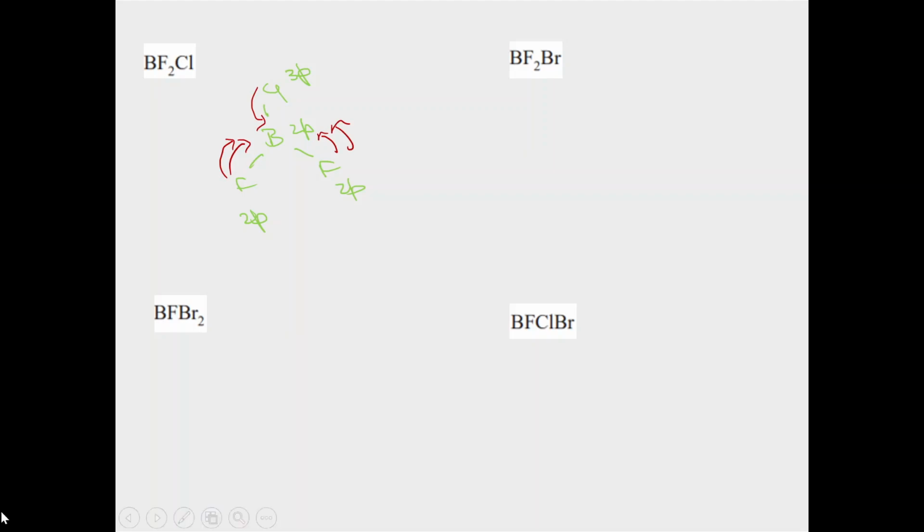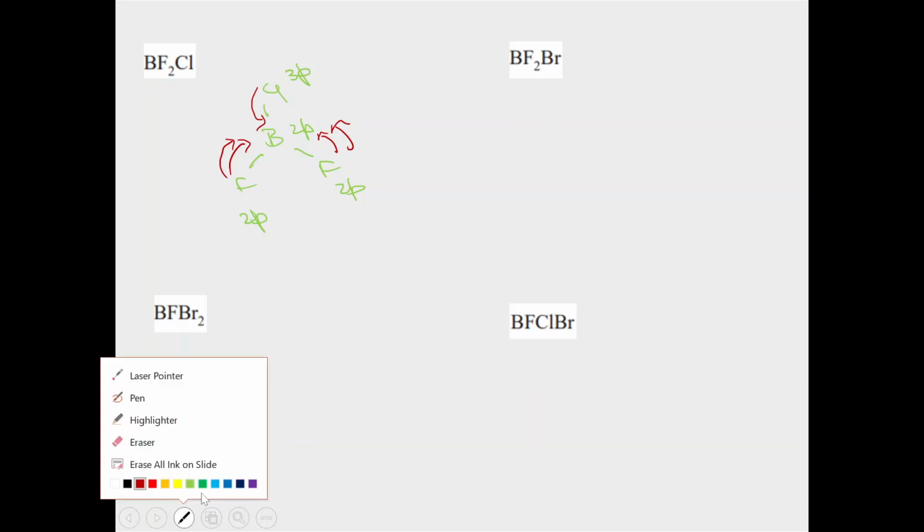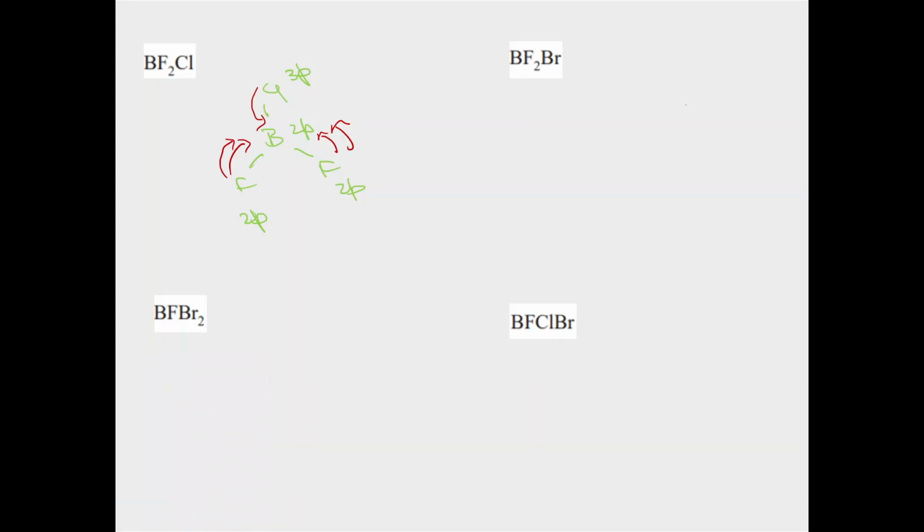Now moving on to the next case, the structure is BF2Br.